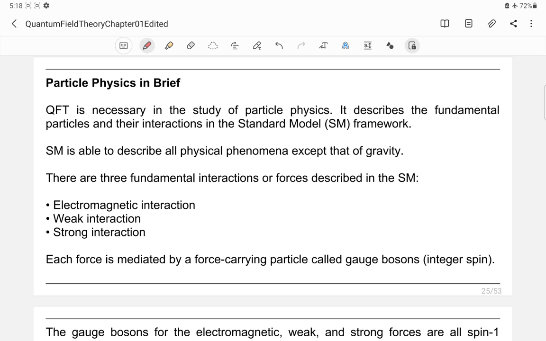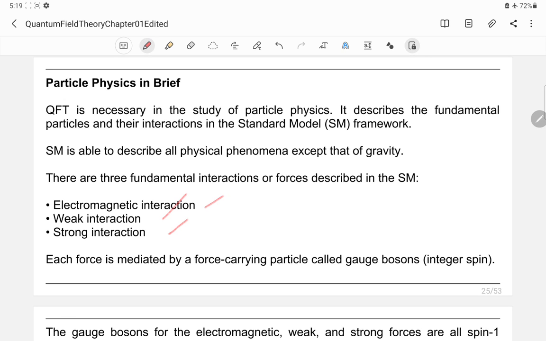As far as experimental data and theoretical calculations are concerned, the standard model is able to describe all physical phenomena except the interactions due to gravity. There are three fundamental interactions or forces described in the standard model: the electromagnetic interaction, which is a combination of electric and magnetic forces, the weak interaction, and the strong interaction.